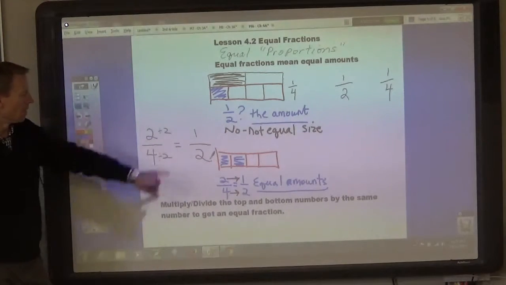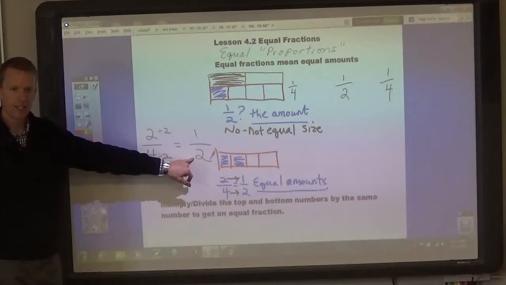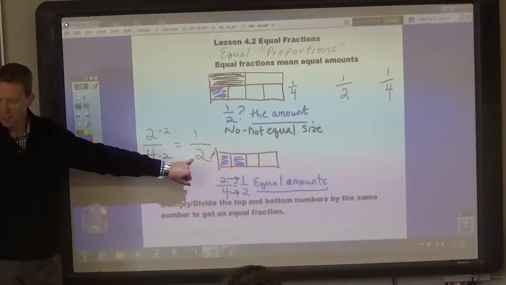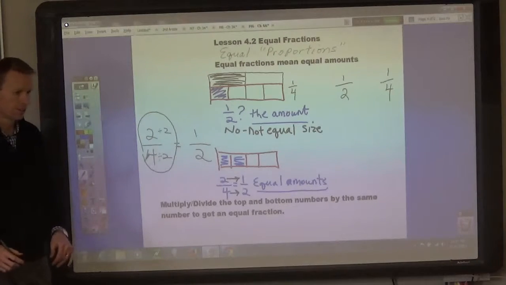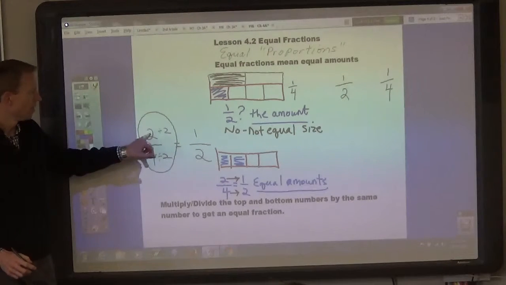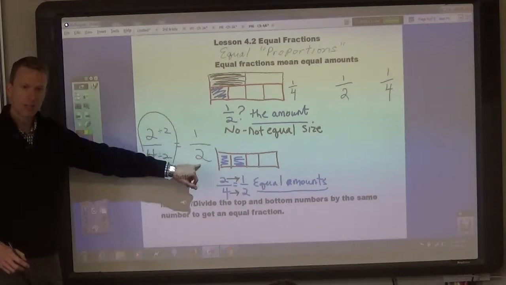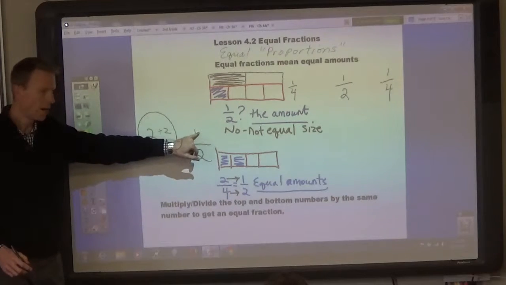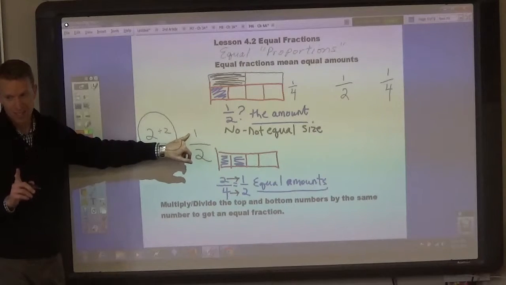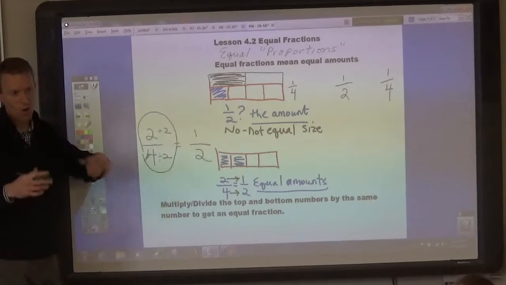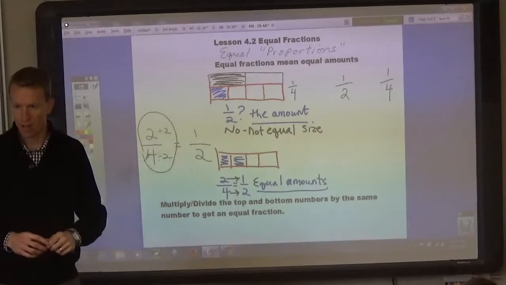Now, this fraction happens to be the lowest or the simplest form of the fraction 2/4. Anytime you get a fraction and one number is a 1, then there are no other factors of both numbers.